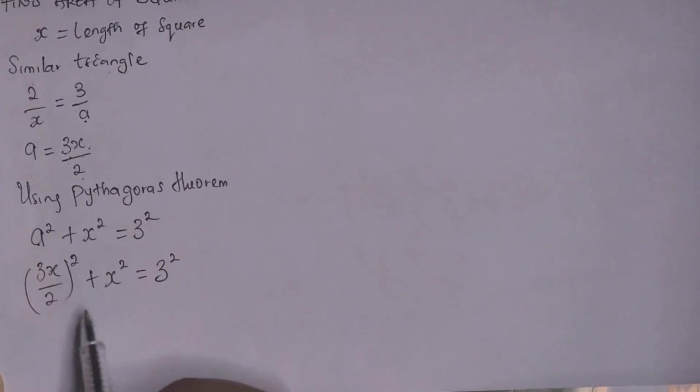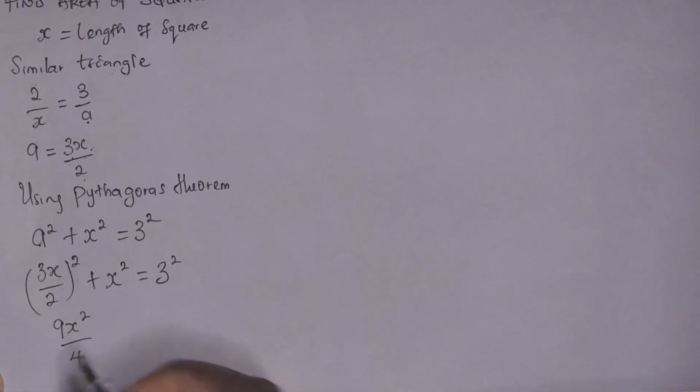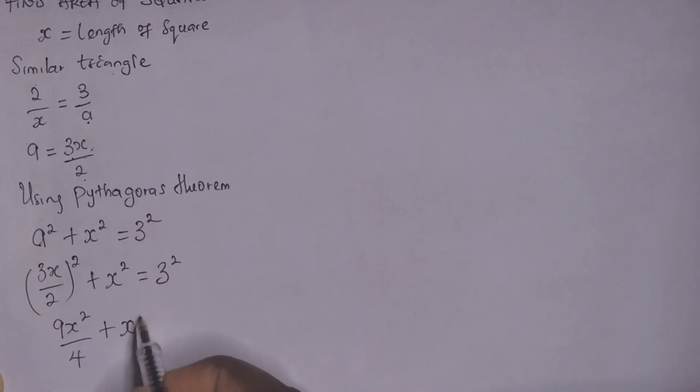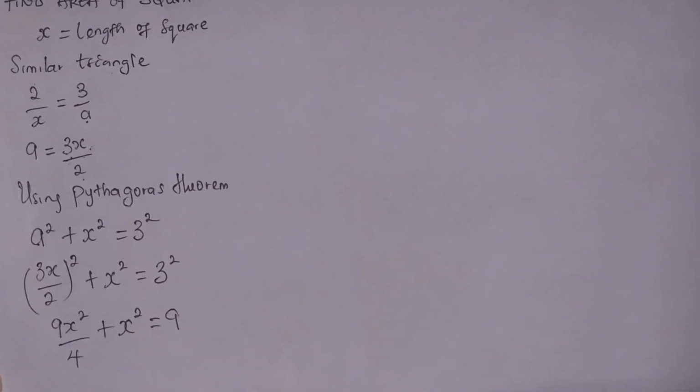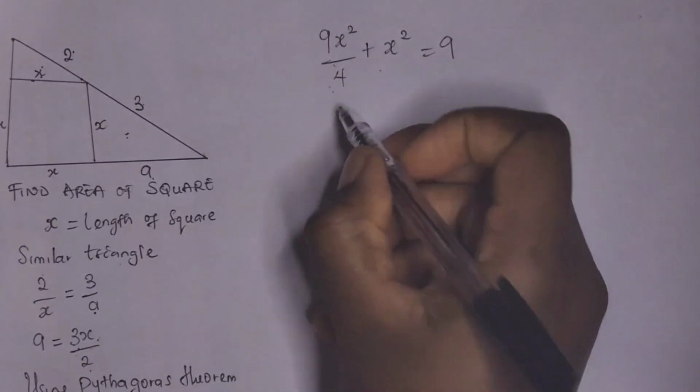So opening this bracket, we have 9x squared over 4 plus x squared equal to 9. So from here we can multiply through by 4.